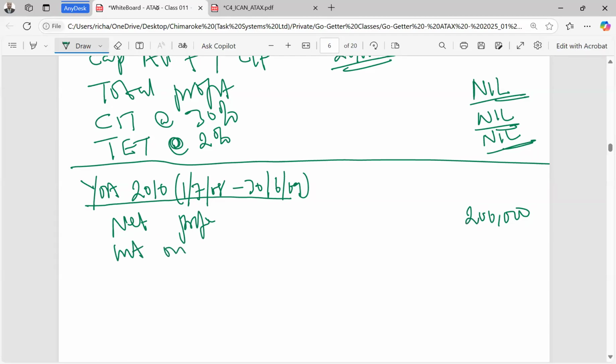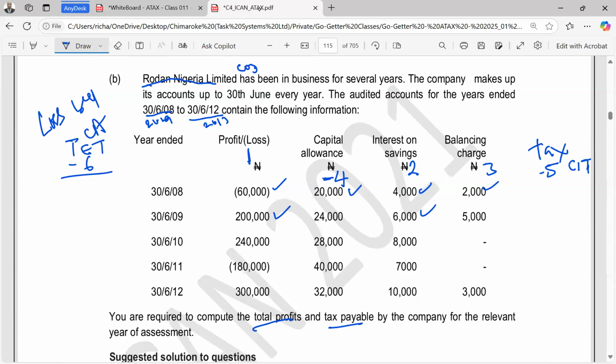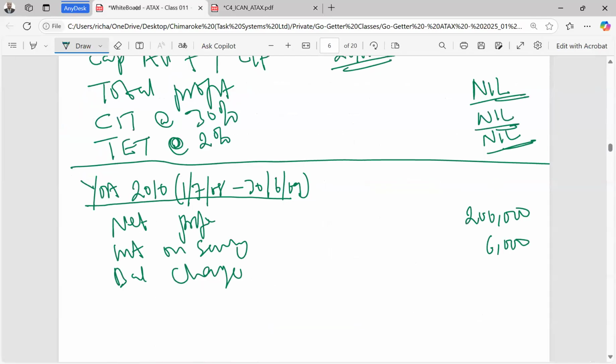Interest on savings, 6,000. Then we have balancing charge. How much is the balancing charge? 5,000. Take it that this is 5,000.